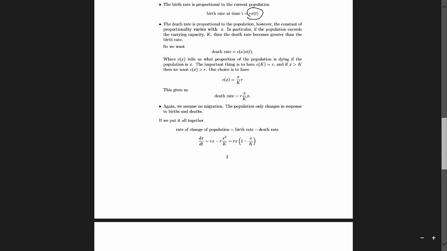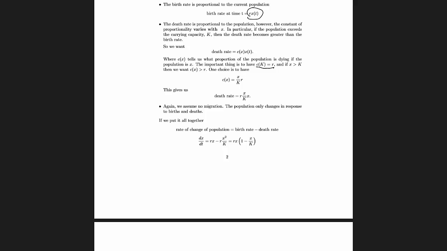Okay, now, what does the carrying capacity in particular have to do with this? Let's work it out so that once you get to the carrying capacity, the proportion of the population that's going to die matches exactly the birth constant of proportionality, okay?